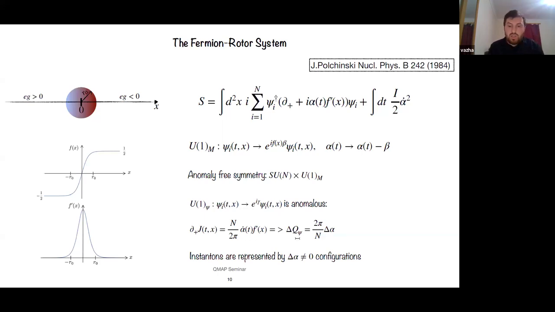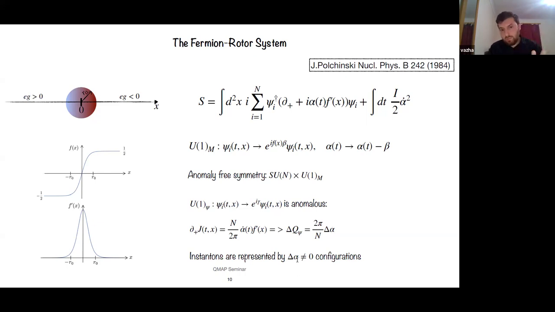Now you can go and solve this equation, and you will get that the change in the number of fermions before and after scattering is proportional to the change of the value of the rotor before and after scattering. So there are instanton-like configurations in this theory that correspond to non-zero delta alpha.